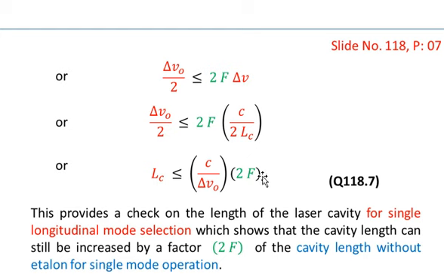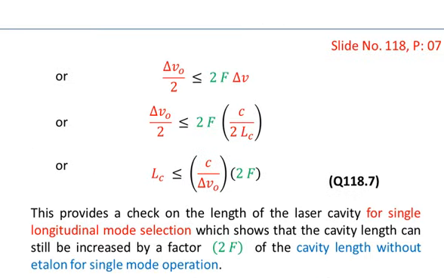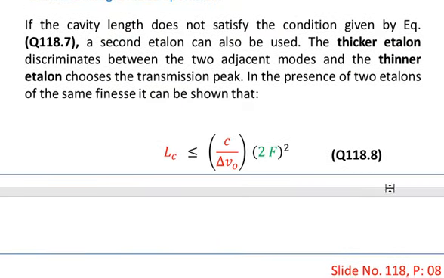So the right hand side now allows you flexibility with an increased value of LC. But if you are using two Etalons over here, you have a quantity on the right hand side represented by the square of 2f. So you have the flexibility to use a longer laser cavity length.